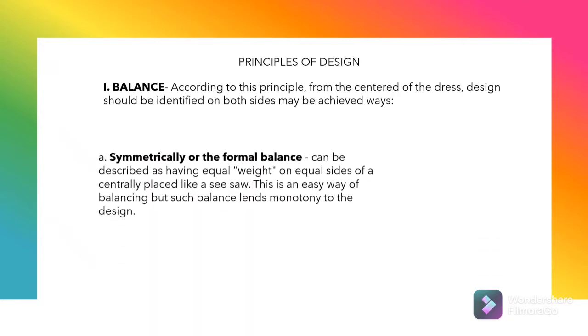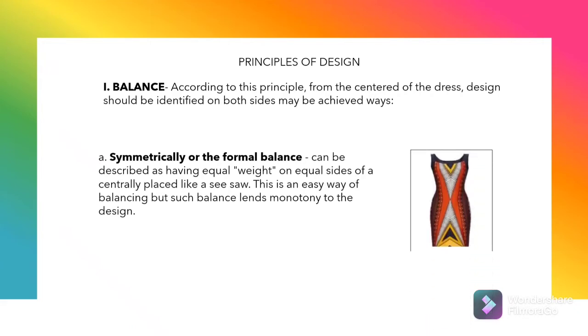So we have 3 different types of balance. The symmetrical or the formal balance can be described as having equal weight on equal sides of the centrally placed, like a seesaw. This is an easy way of balancing, but such balance lends monotony to the design.